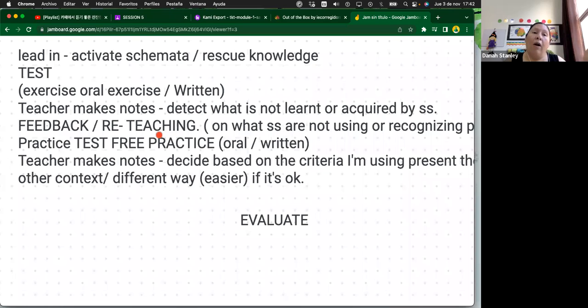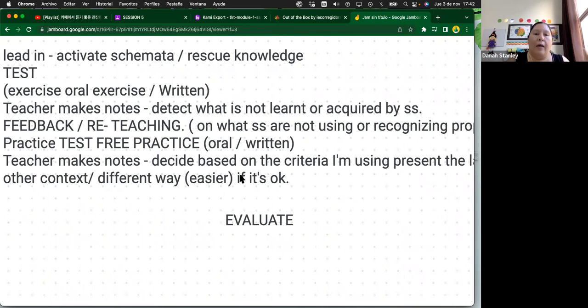I can combine oral, written, as I decide. And this needs to be productive, because I'm going to check the level of management they have in vocabulary or in grammar.